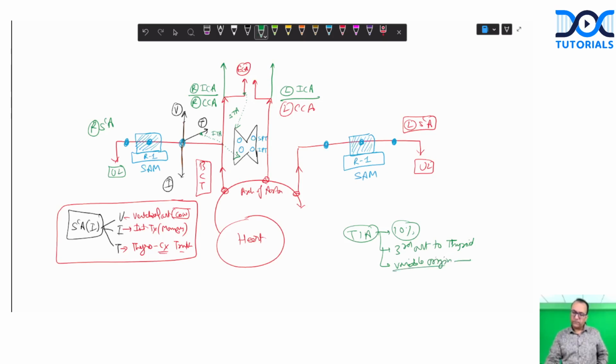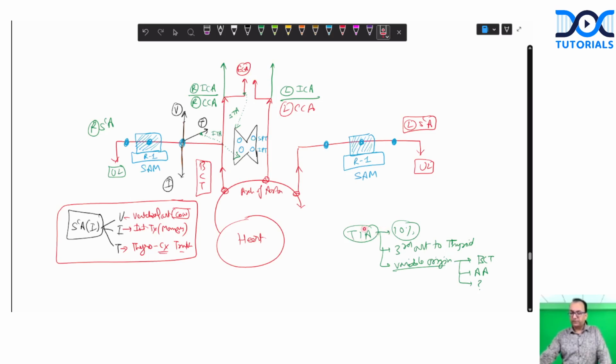It may come from the brachiocephalic trunk, or from the arch of the aorta, or from some other source also.